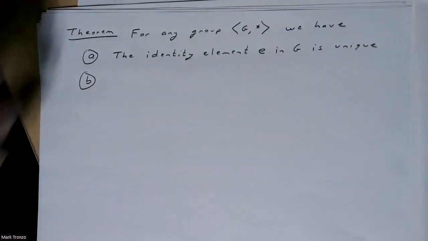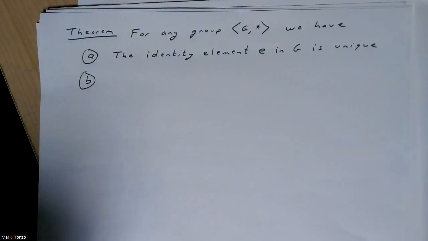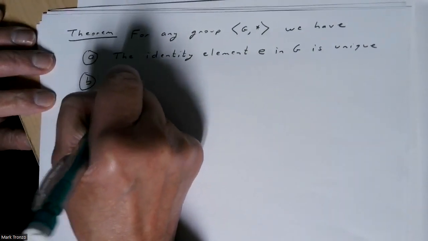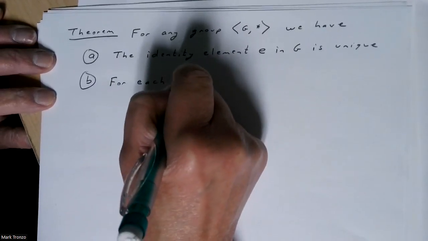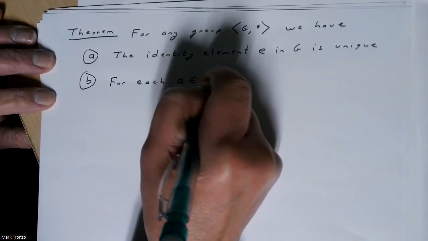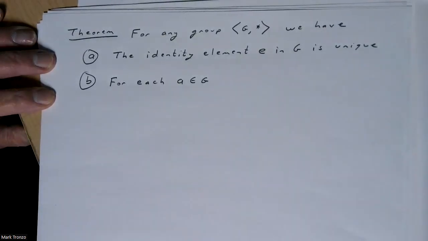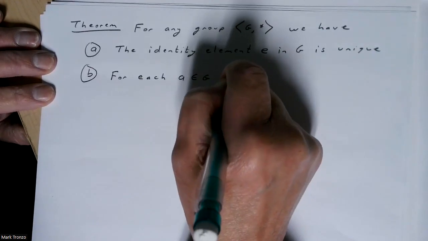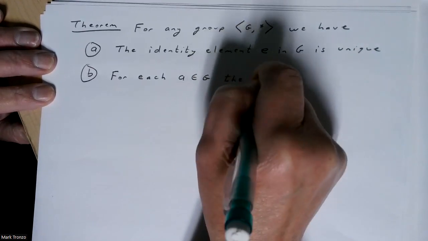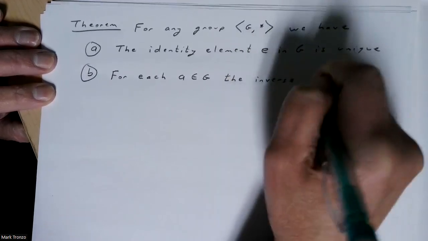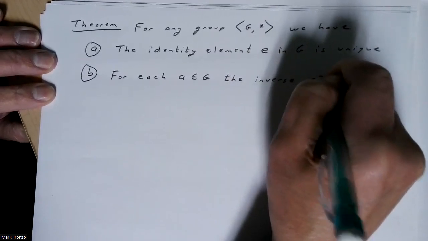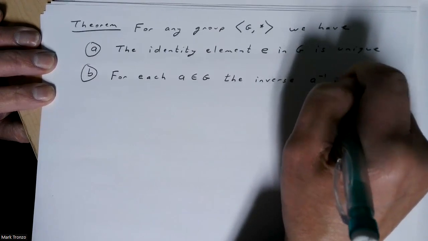Second, for each A in G, we said each A in G has an inverse, and the inverse is unique.